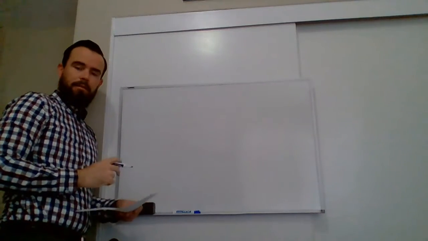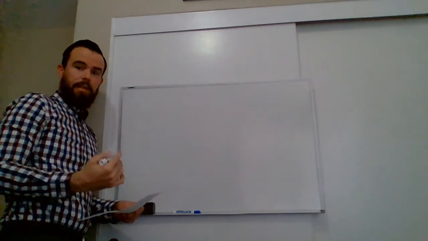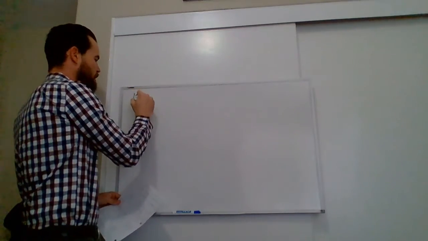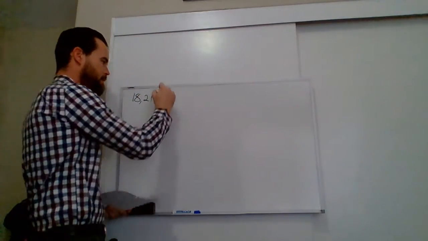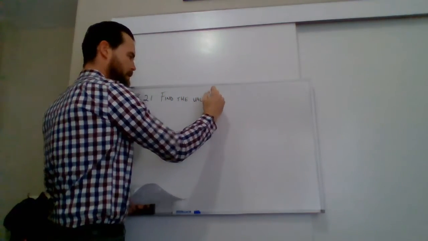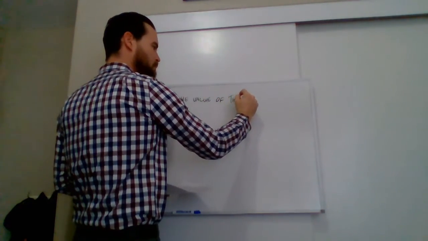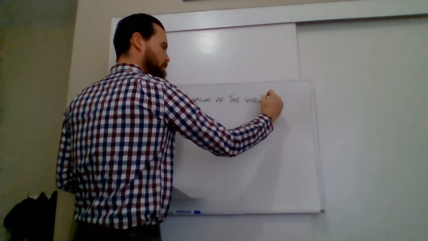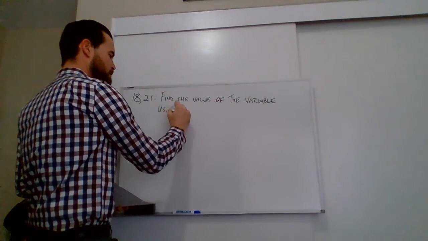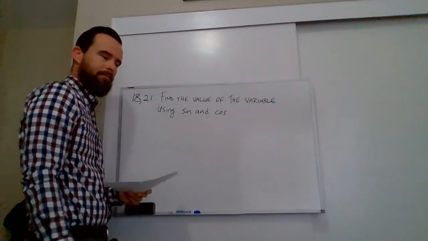Now in 18 and 21, we're going to try to find the length of a side using the degrees and the other information we're given. So for 18 and 21, find the value of the variable using sine and cosine.